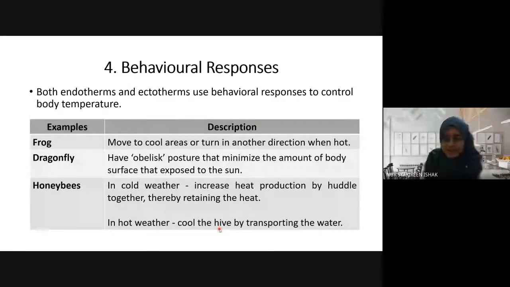Okay, so itu dalam keadaan hot temperature lah, hot weather. So cool the hives by transporting water to the hives, and then they will fan their wings, okay, to promote heat loss from the hot temperature.